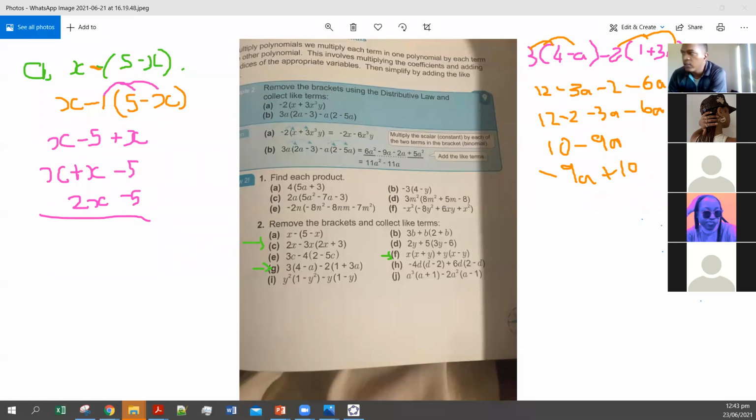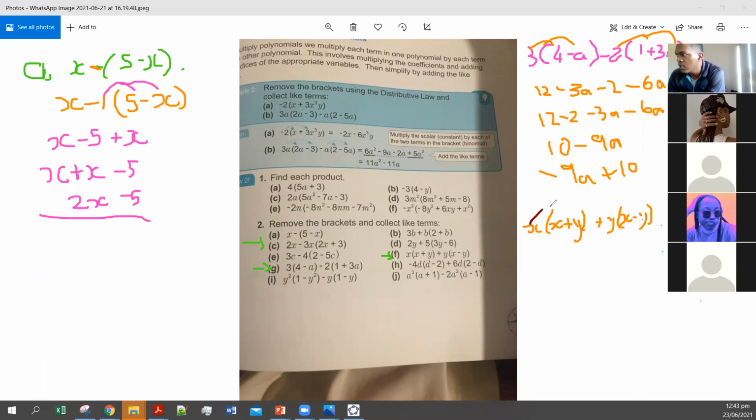And then finally, the last one is f. So I have x bracket x plus y, close the bracket, plus y bracket x minus y. Okay, this looks very similar to our quadratic equations and formula things.